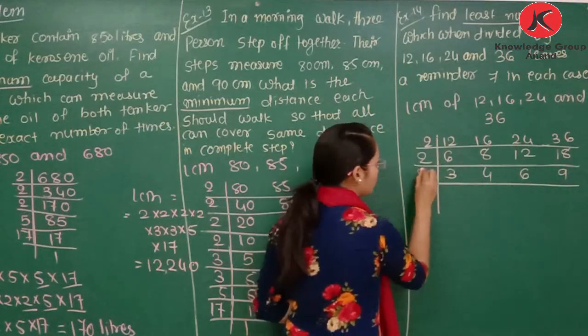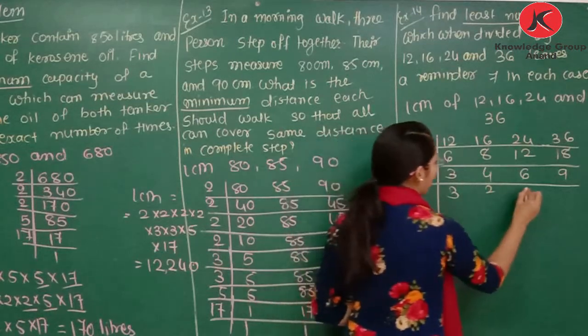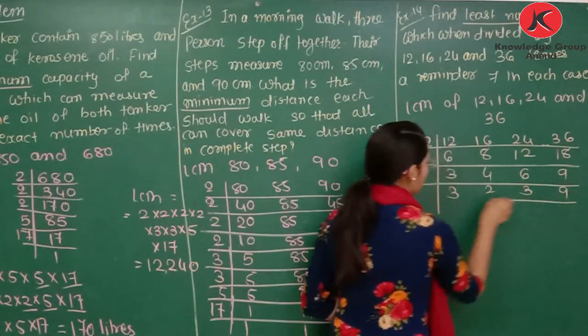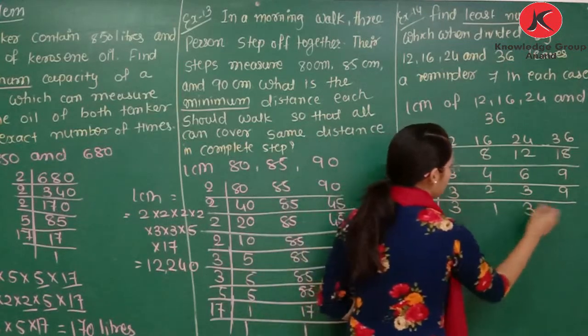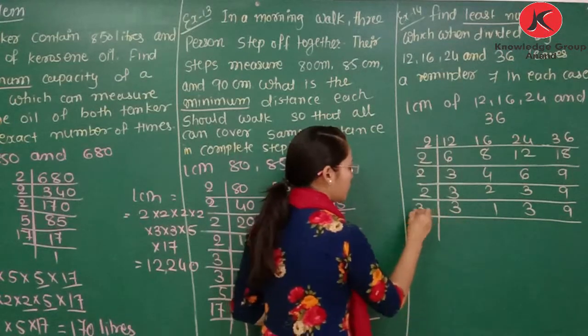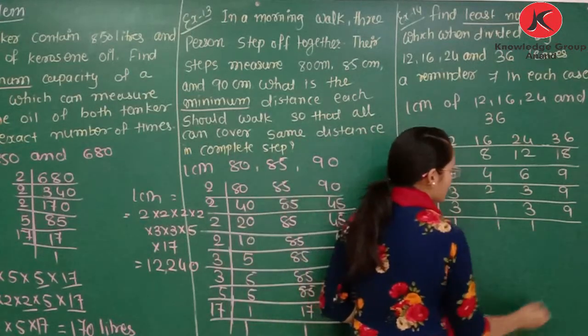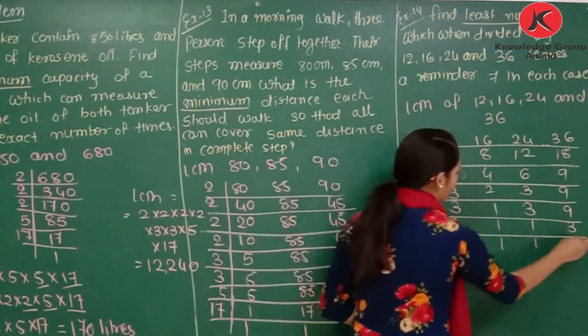Again start with 2. 3 is not divisible by 2, 4 is divisible by 2, 2 2s are 4, 2 3s are 6, 9 as it is. Again this 2 is divisible by 2. So 1, 3 and 9. Now 3, 3 1s are 3, 1 as it is, 3 1s are 3, 3 3s are 9. 3, 1, 1, 1 and 1.